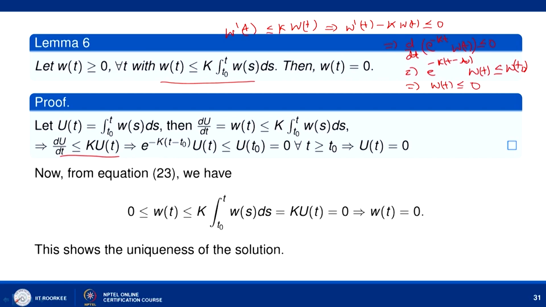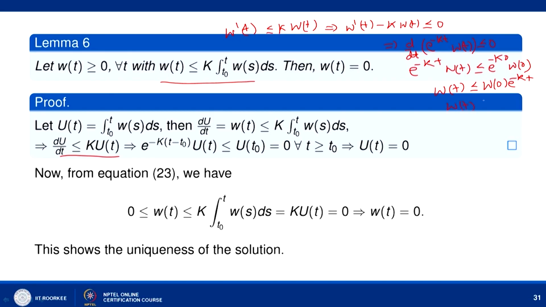Or if you do not want to do it like this, then we can simply say that since d/dt of (e^(−kt) w(t)) is less than or equal to 0, if we integrate from 0 to t we can simply write e^(−kt) w(t) less than or equal to e^(−k·0) w(0), and this implies that w(t) is less than or equal to w(0) e^(kt), and we can say that w(0) is 0.